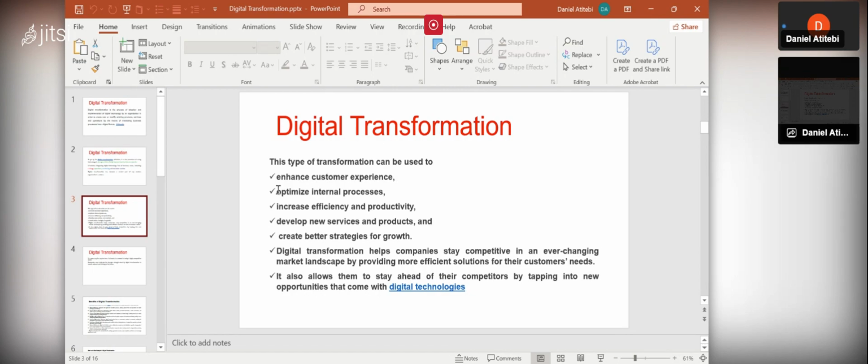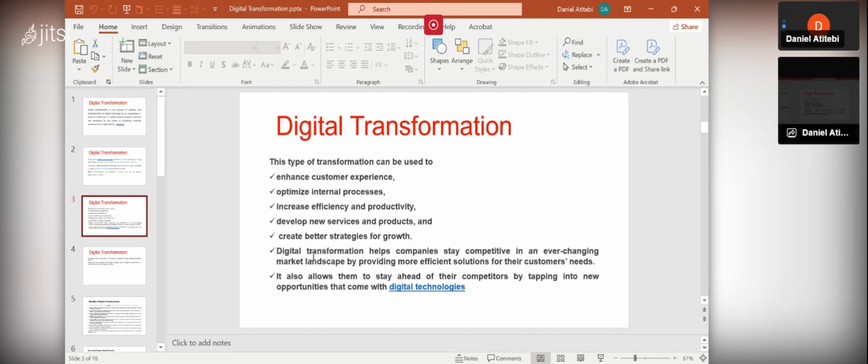It helps the organization to optimize internal processes, to improve your workflow, your activities within your service management area. It increases efficiencies and productivities in your service management. It helps you to develop new services and products and create a better strategy for growth.